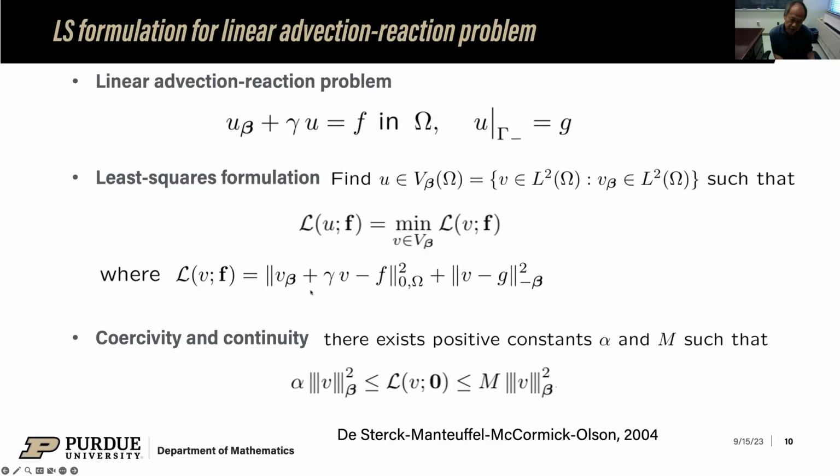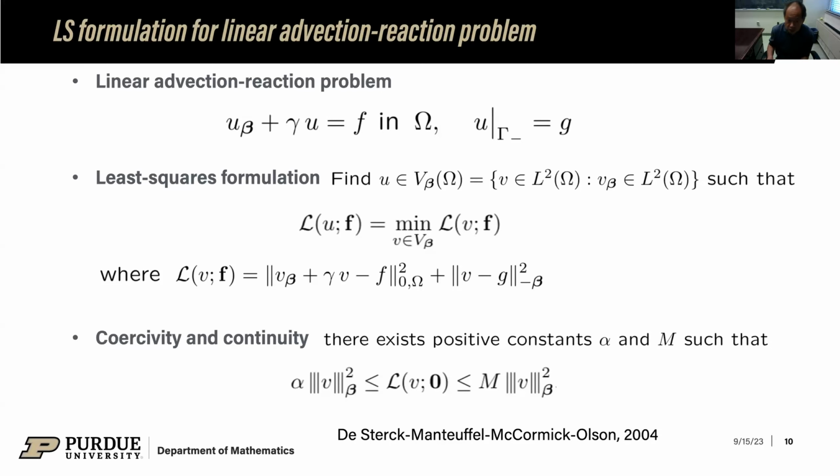In particular, around 2004, there was a mathematical theory. If you do this L2 least square for these problems, they can show that the homogeneous functional is coercive and also bounded. So that basically guarantees this least square problem is well posed, right? A little bit of a downside is that when you go this approach, you do require some additional conditions which we don't need.